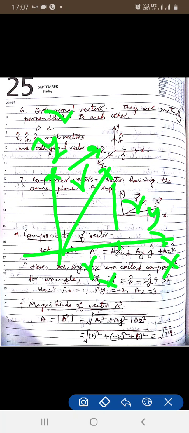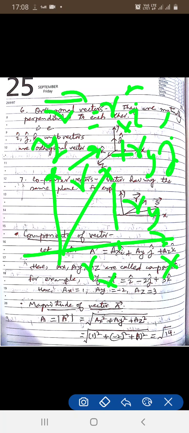So, we can write vector r is equal to rx i cap plus ry j cap for vector r.